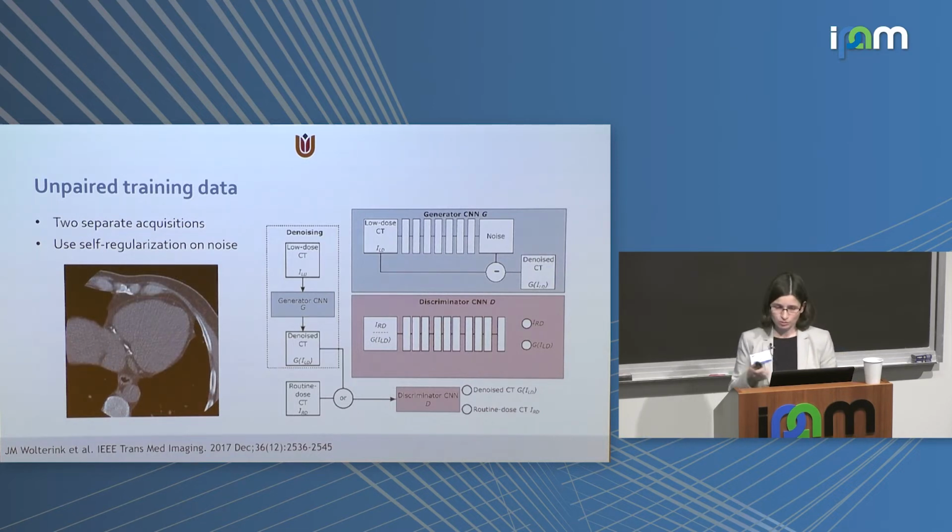So we couldn't use what has been done before, to take a low dose image as an input and synthesize a routine dose image using a generator. But what he then did, he took the low dose image and synthesized noise, removed it from the input image to generate a denoised image, and then added a discriminator that will tell apart the synthesized image and the real image. So we don't pair the data.